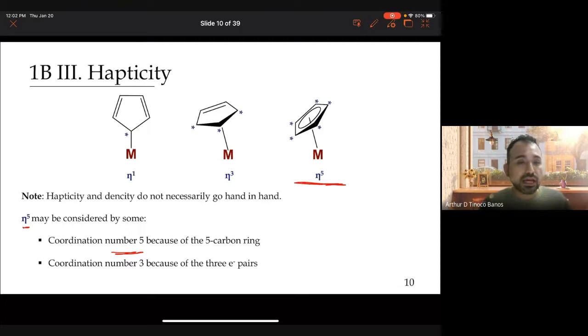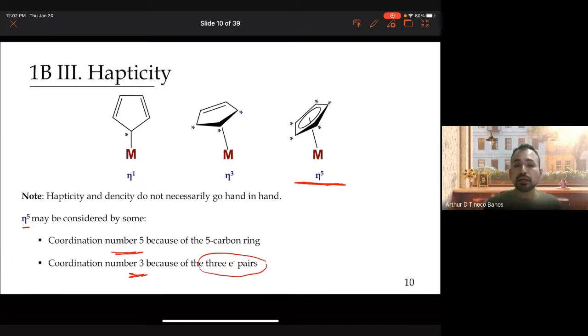Others might see this as a coordination number 3. Well, why coordination number 3? Well, that's because you have 3 electron pairs that are contributing to the bonding interactions. Remember, what's underlying the bonding interaction is the availability of electrons being able to be shared, right? We have these coordinate covalent interactions.